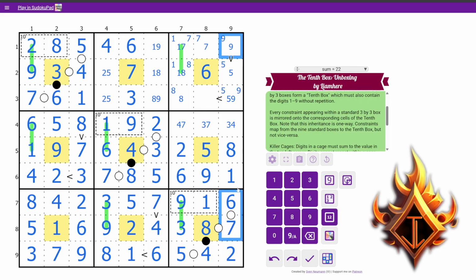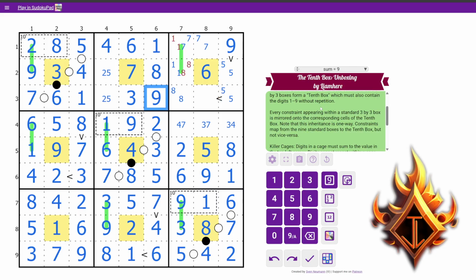We have 6, 7, 8. 9 is the only digit that can go there. I suspect this could probably be something else though. It cannot go there now though, so it goes there.